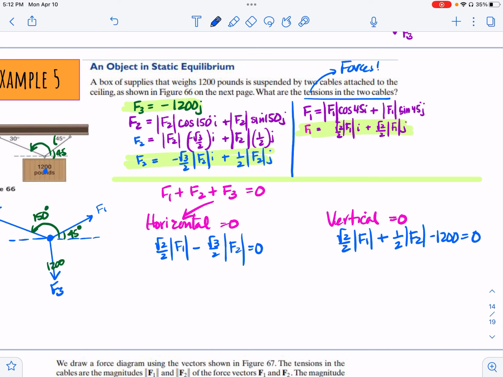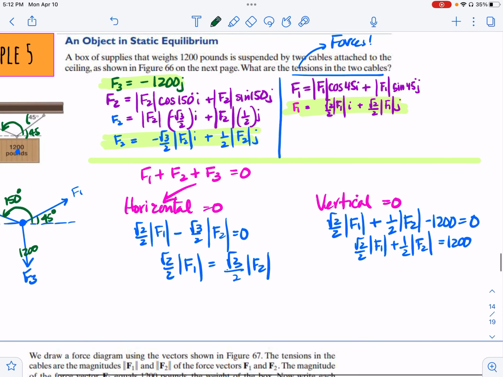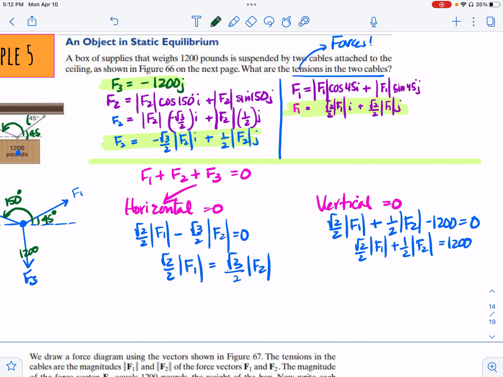Okay, this is two equations, two variables. I'm going to add the second term to both sides, F2. And then the other one, I'm going to add 1200 to both sides. Okay, now we have two equations, two variables. I could use substitution or elimination. I'm going to use substitution.